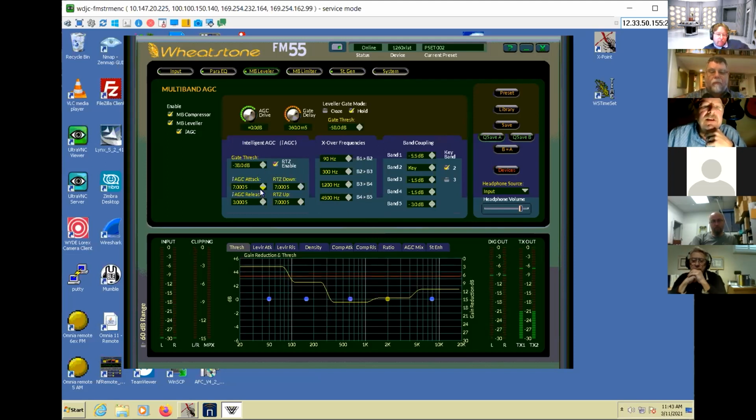And then there's AGC attack, return to 0. That's a form of gating. That's what I guess they consider their gating. Notice the threshold is set at minus 38. If it's below minus 38 on the input, he's going to return to 0 and drop all gain control.